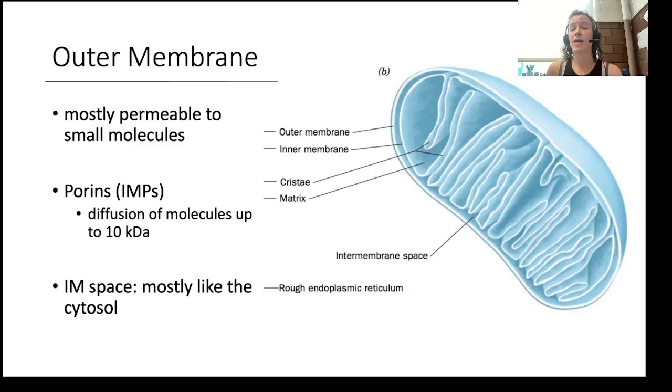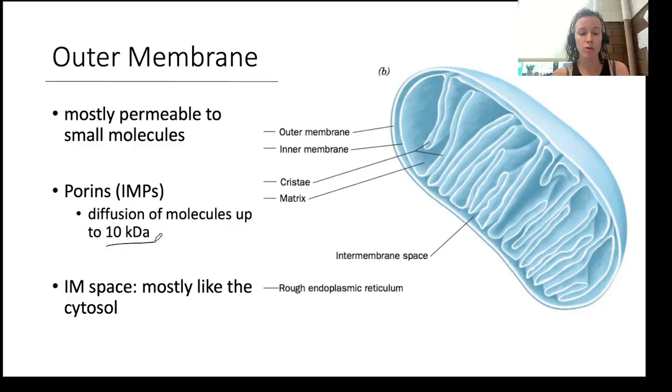Let's compare the inner and outer membrane. The outer membrane of the mitochondrion is mostly permeable to small molecules. Anything can pass in and out as long as it's fairly small, because within the membrane are these very large protein complexes called porins. They are integral membrane proteins that span the membrane. They're like big holes.